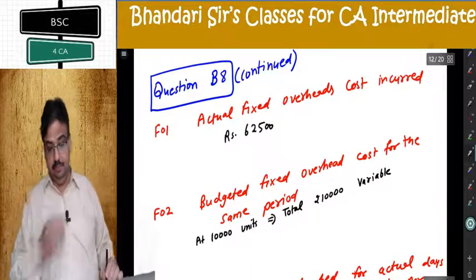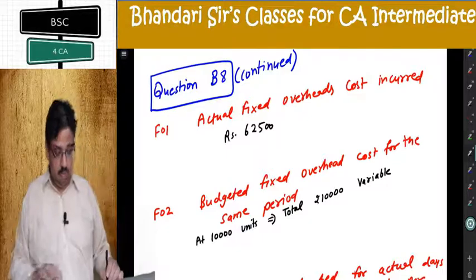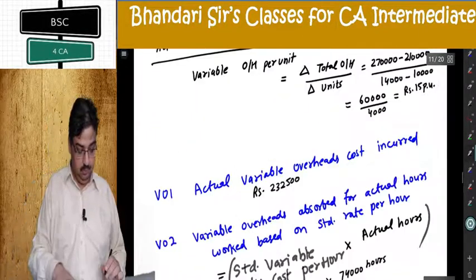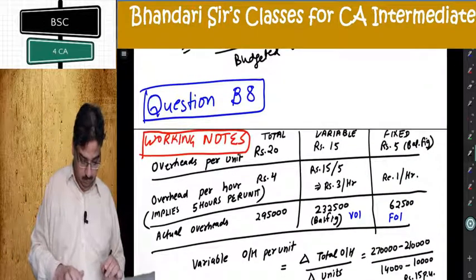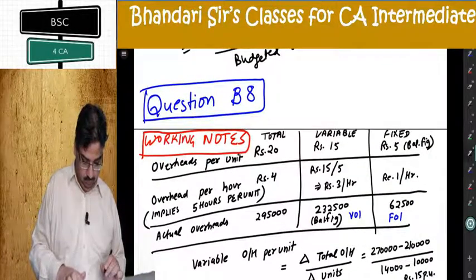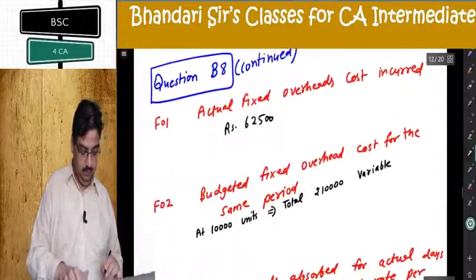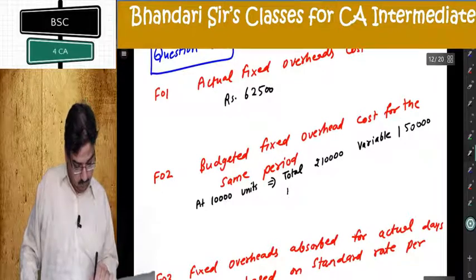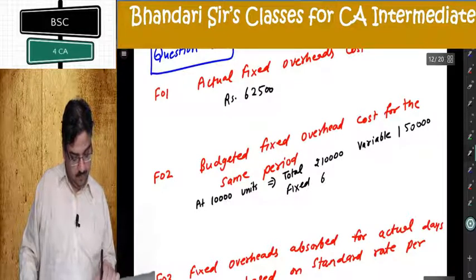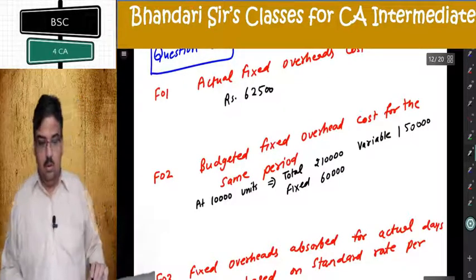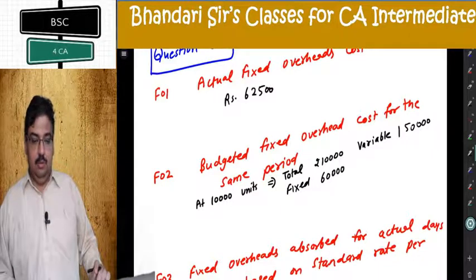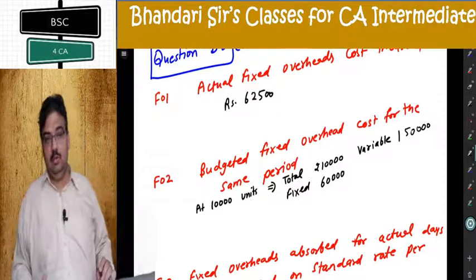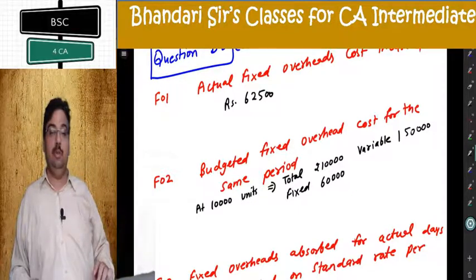Variable, we computed variable per unit, 15. We got fixed overheads budgeted at 60,000.